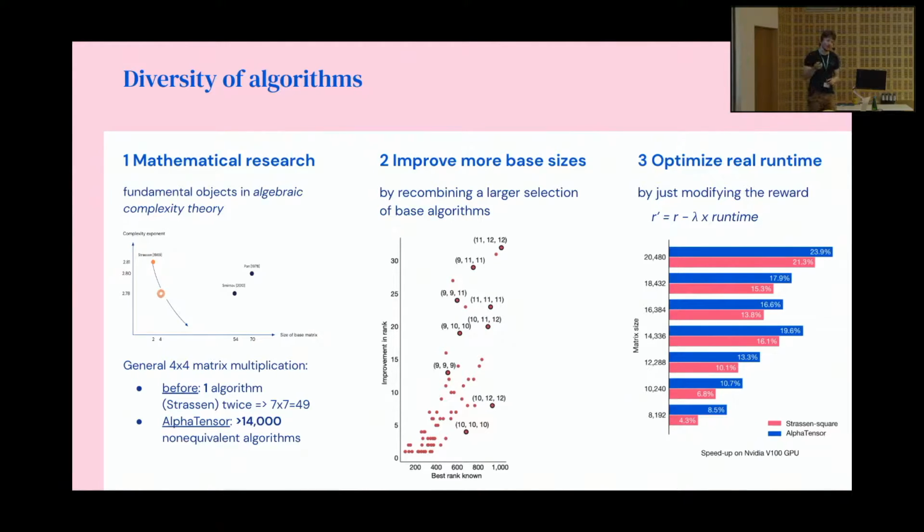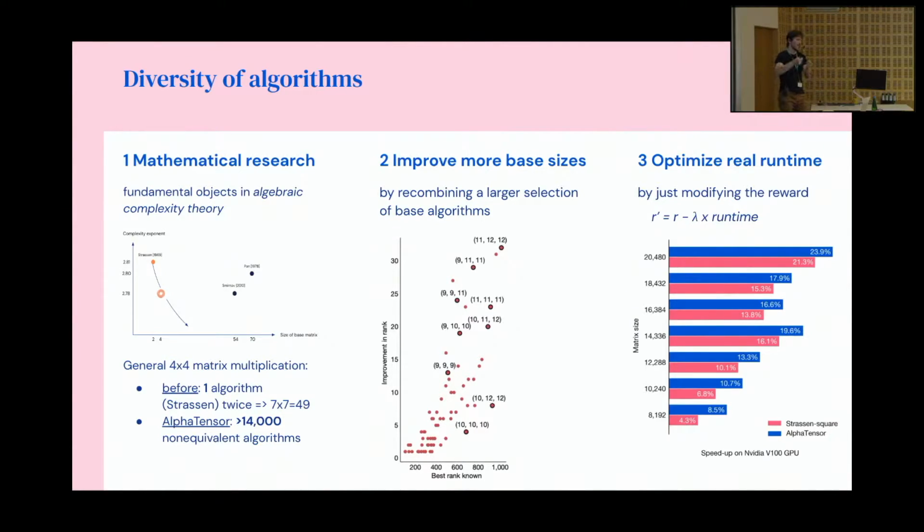And in particular, what we have done is that previously the reward of the agent was just the number of steps it took to find the zero tensor. But we can add an additional term to the reward, which we compute as follows. When the agent finishes playing the game, meaning it reached the zero tensor, we can take these vectors it has written down and actually construct automatically the algorithm for multiplying matrices that this game corresponds to.